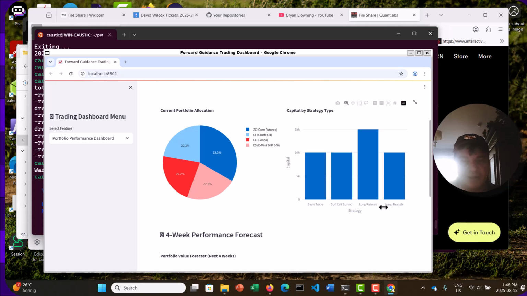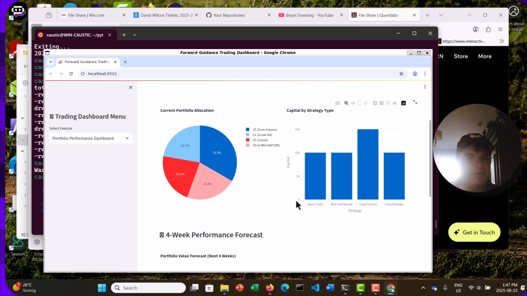Here's the different strategy types that you can apply. So we have a basis trade, a bull spread, long future, long straddle. So if you're confused about that, I do have a course that I've been running for months, really, on how to learn all this stuff because this is where the money's going to be made to handle volatility, to project the volatility as examples, to project what will move when the equity markets go down.